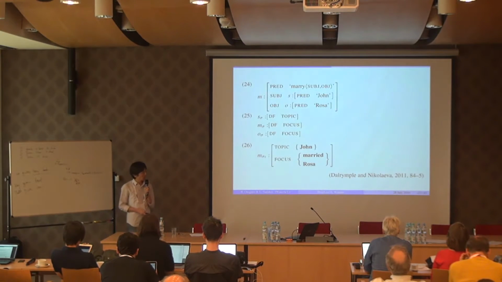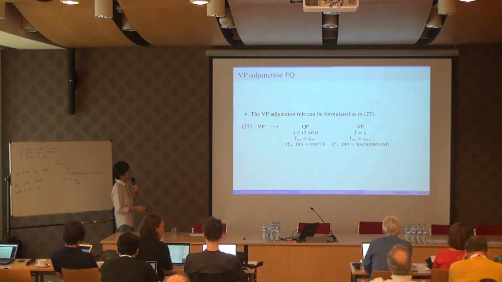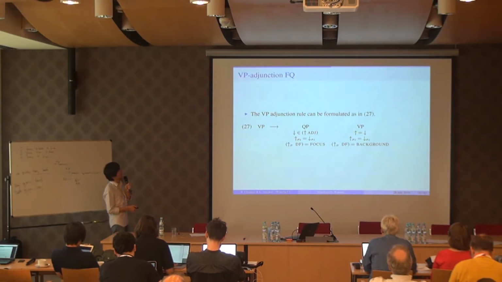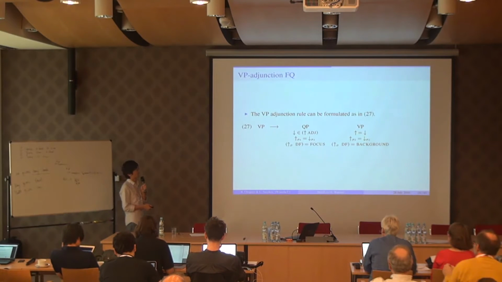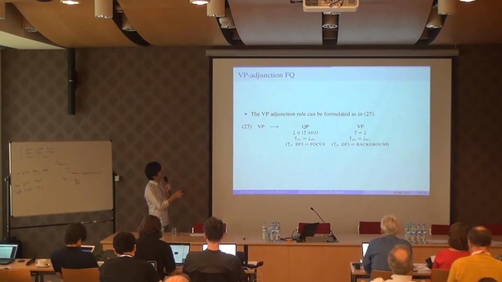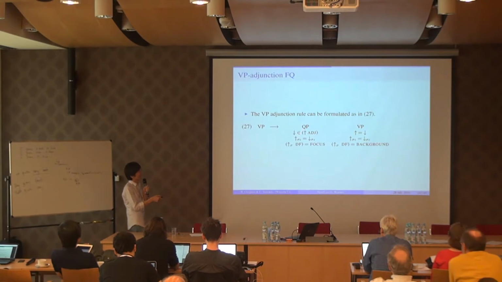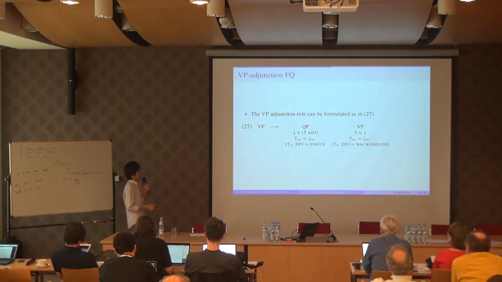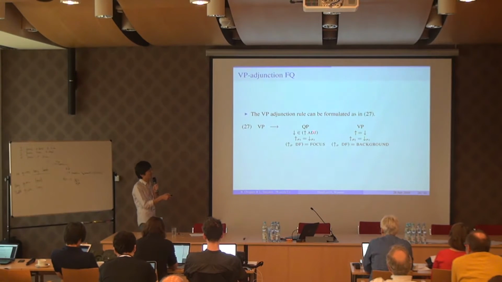So we present the phrase structure analysis for the determination of the DF values in the s-structure. First, let's talk about VP adjunction of floating quantifiers. Under the VP, we have a floating quantifier that is a quantifier phrase. That's an adjunct, so it's a member of adjunct in the f-structure, and then we get a VP. Then, because this is a floating quantifier, it must be a focus.